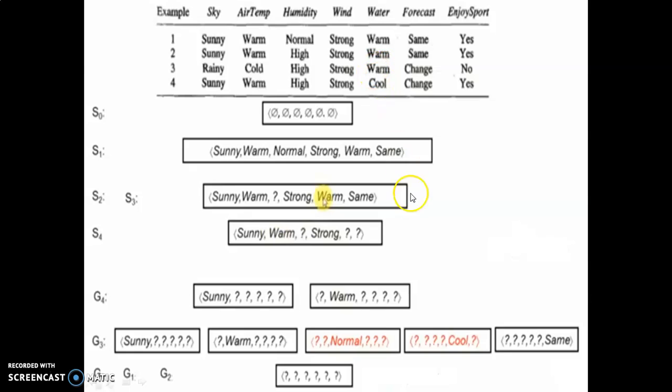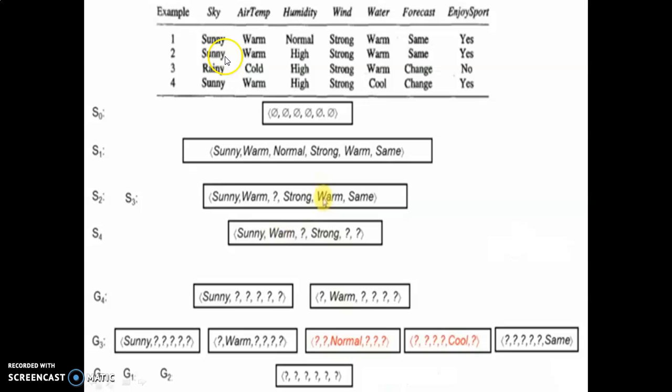Now if we compare this with these three examples considered, the first two will be consistent, but the one with cool will become inconsistent. How? See the first example: the first two are question marks, the third one is normal, and the other three are acceptable. It is classified as positive.